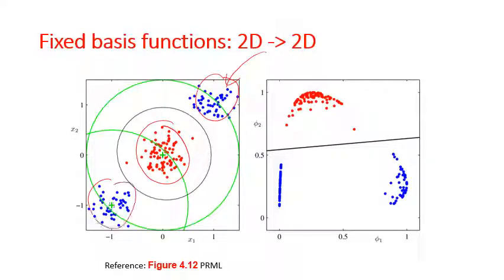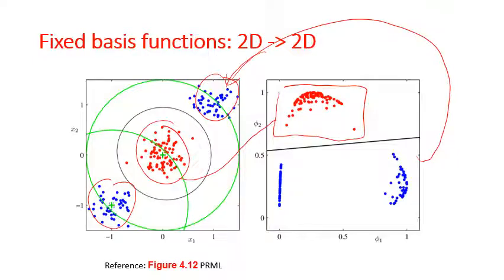There are some samples somewhere here in two dimensions. I can use my transformation function so that it can be projected into two dimensions again. But now in this new two dimensions, these red samples move somewhere here in the space, and this cluster of blue samples moves somewhere here, right?